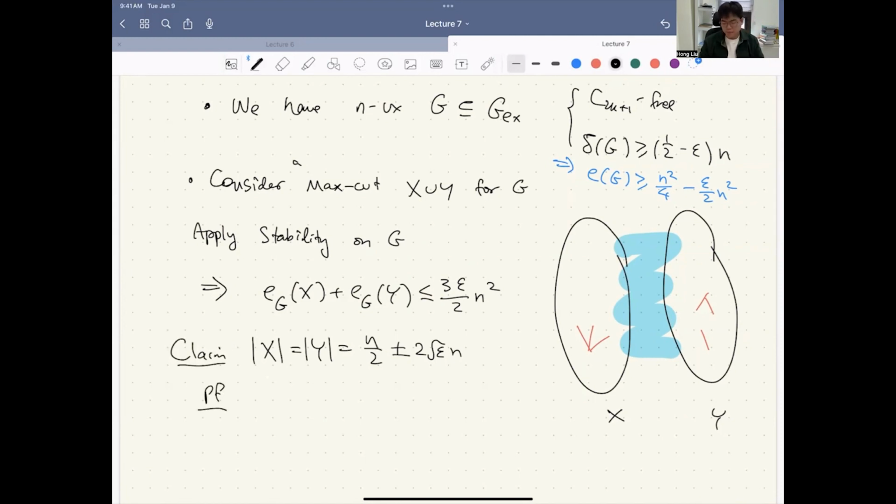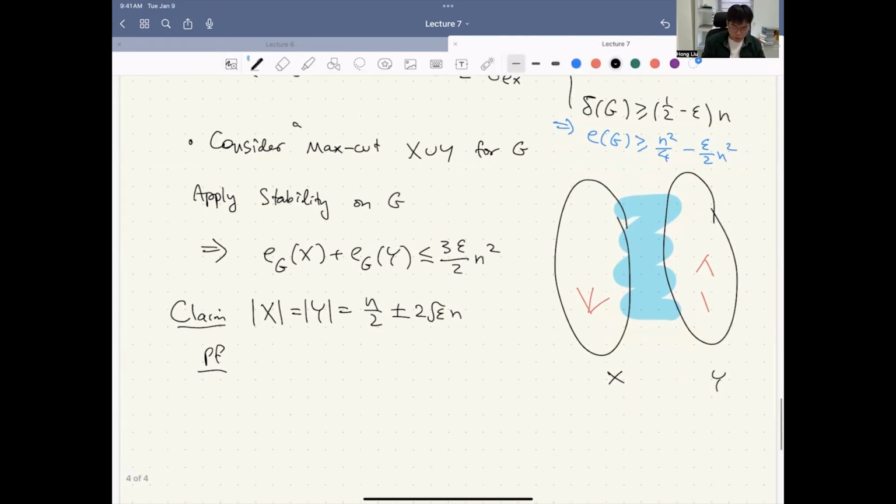The idea is if X and Y are very skewed, you actually lose a lot of cross edges. So we're going to fall below the promised bound on the number of edges of G. Otherwise, E of G is at most the number of cross edges, which is |X||Y|, so you're losing too much, plus the inner edges. And we have a control on inner edges, right?